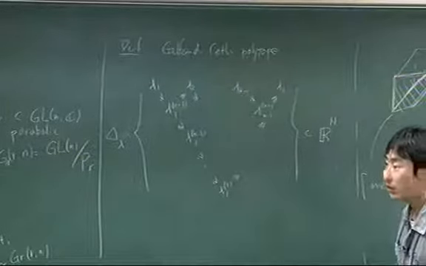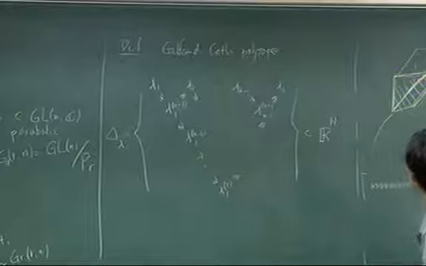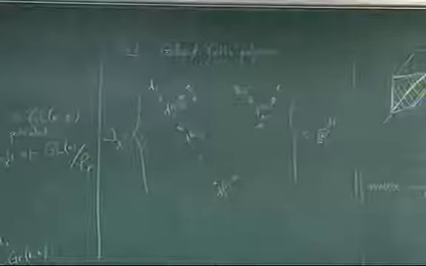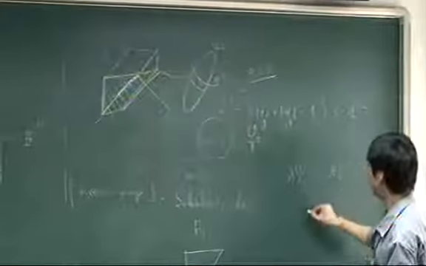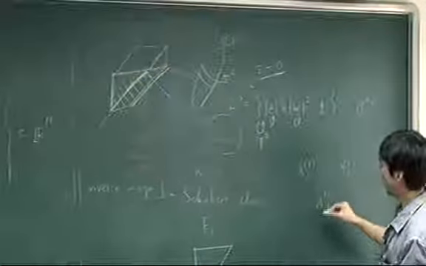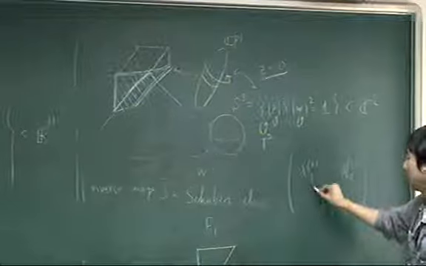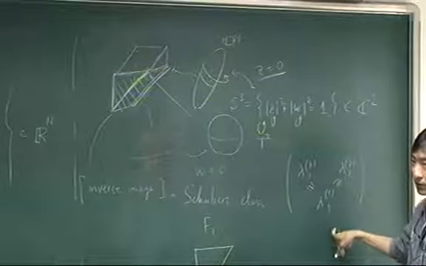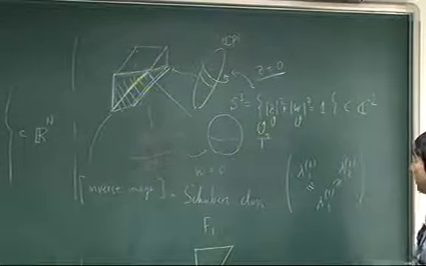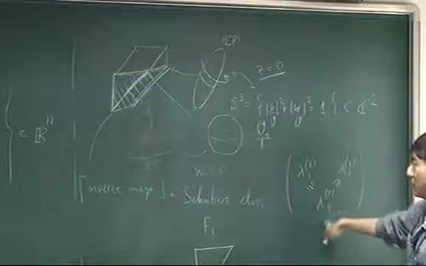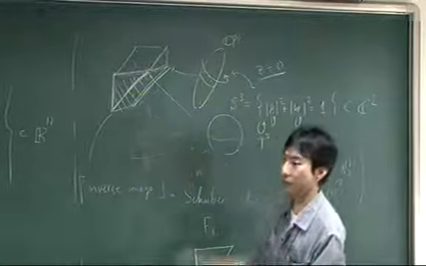So in the F3 case, in this case, this is just lambda 2 and lambda 1, 1. This satisfies this condition. Then we draw the picture for this. We get this one.